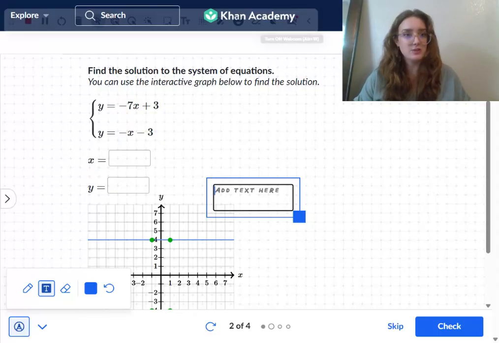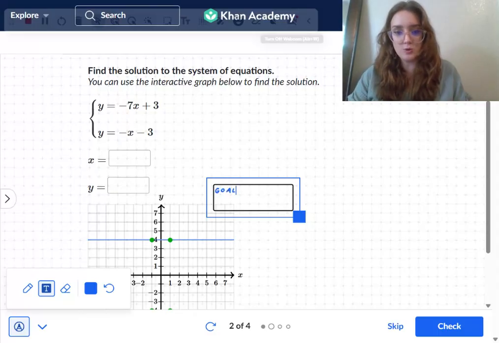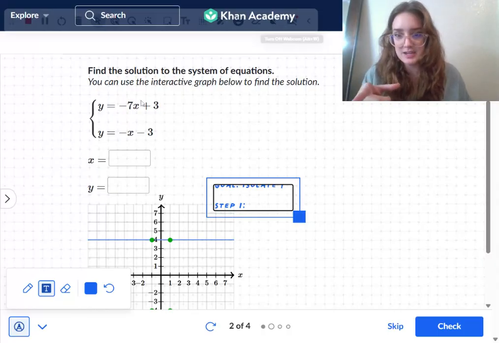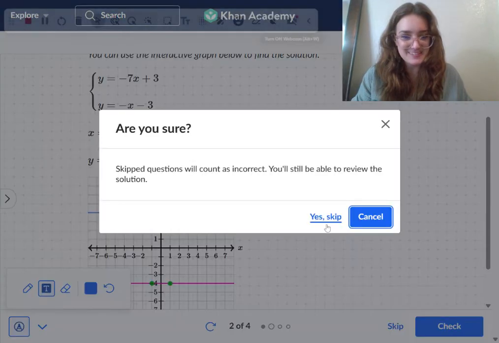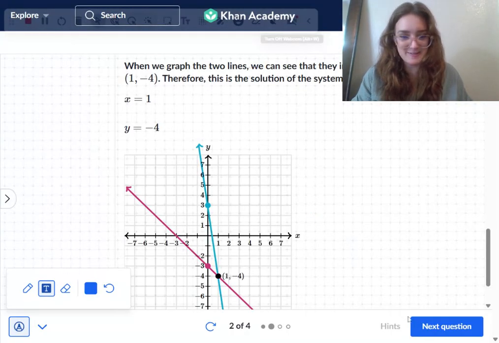Okay, so when we are converting, our goal is basically to isolate y, right? So we're going to do that in 2 steps. Step 1, just like we learned in class, in order to get y by itself, I am looking at this problem and I'm noticing these are already isolated. So let's skip this problem. Let's go to one where they're both in standard form.